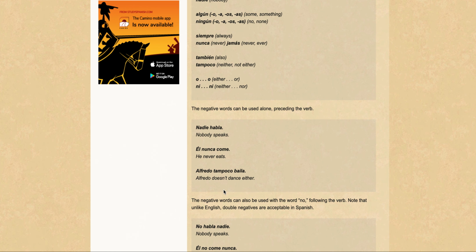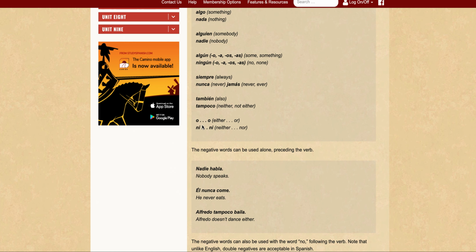If we go back here, algunas, we're talking about this form here, the fourth one. The opposite of algunas is ningunas, which means none or nothing.